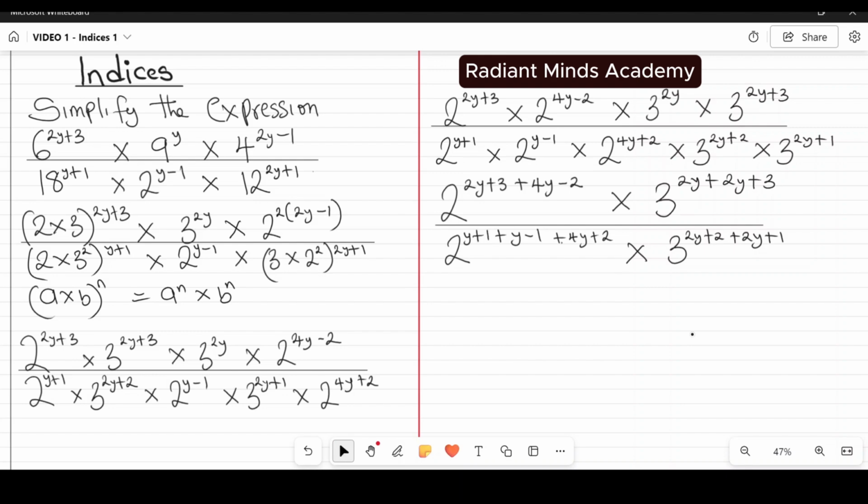At this point, we are going to add the indices of similar terms.